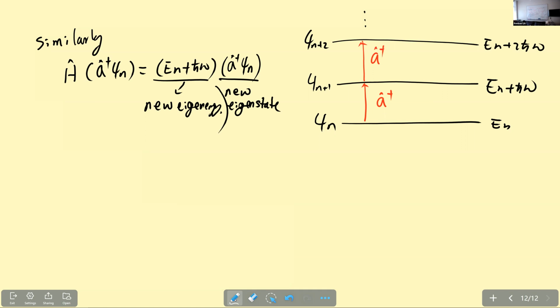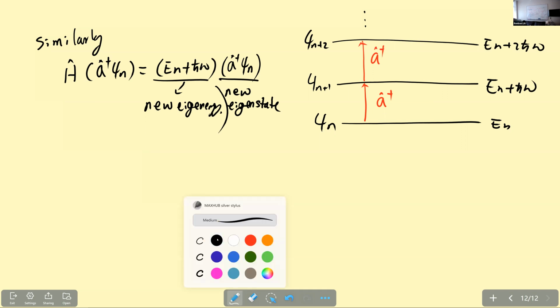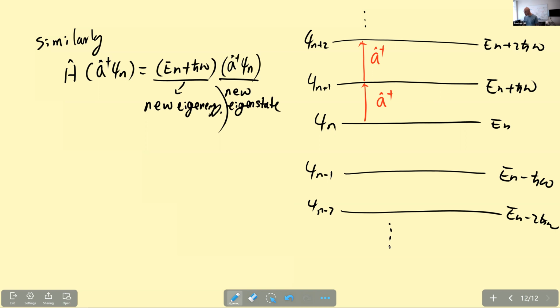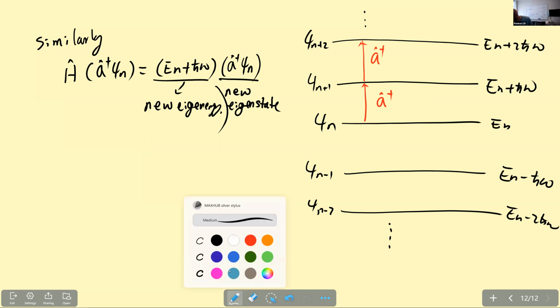But you can also apply this lowering operator. You get |m−1⟩, |m−2⟩, right? And the energy will be E_m minus ħω, E_m minus 2ħω.